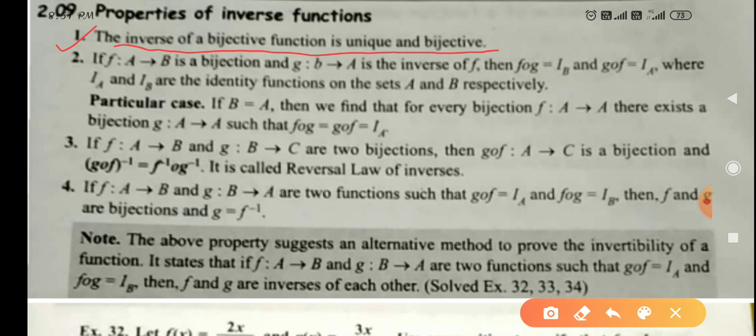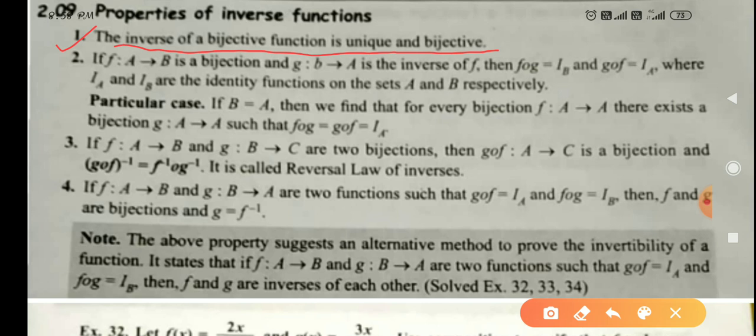Unique means if one bijective function is given, its inverse will be only one, not more than one. And it is also a bijective function, meaning the inverse will be a 1-1 onto function.